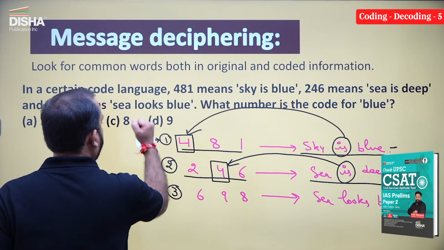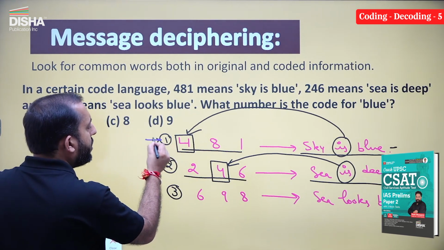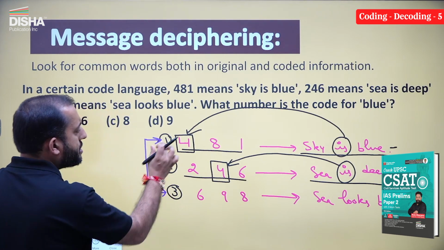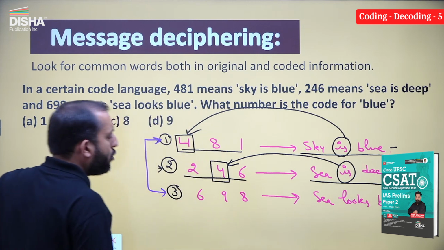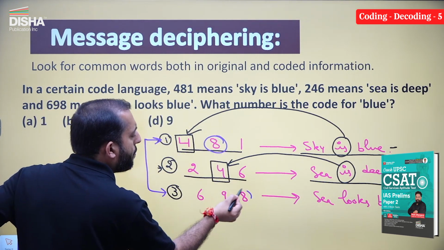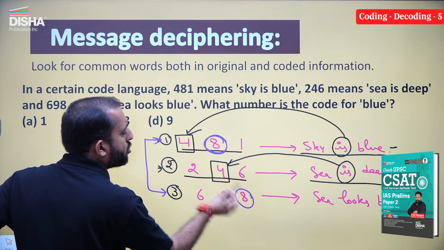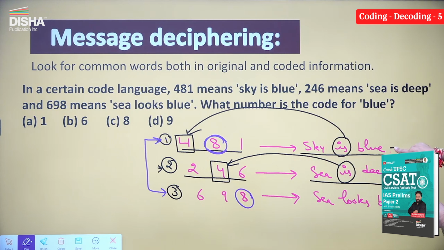Okay. Now the next thing. If you compare the entire statement 1 with the entire statement 3, you will find out in statements 1 and 3, the digit 8 is common on the left side. And on the other side, you will find out the word blue is common.